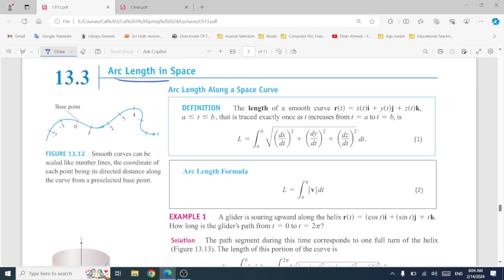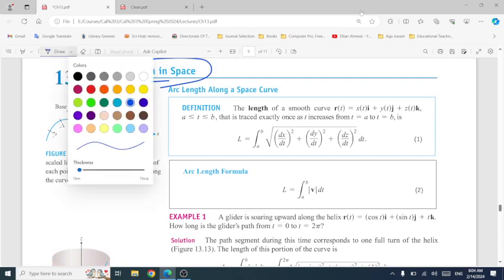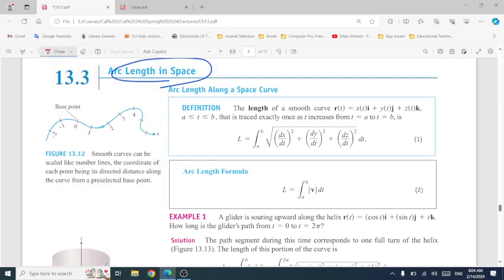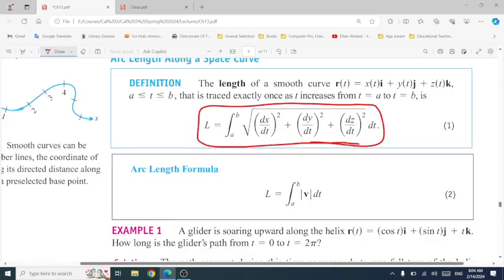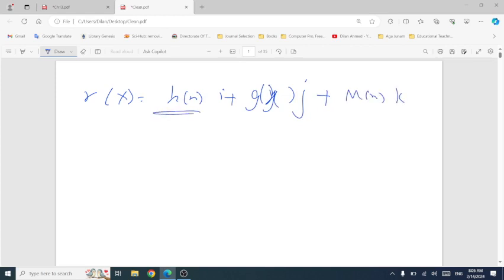You can see from here, here's the space that we have, and we will try to find the length of them. So look at here. Of course, you have R, a function that contains something, any function. For example, h of x i, plus g of x j, plus m of x k, where h, g, m are functions like that.